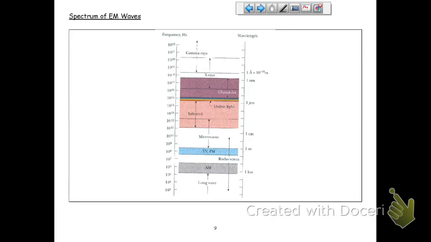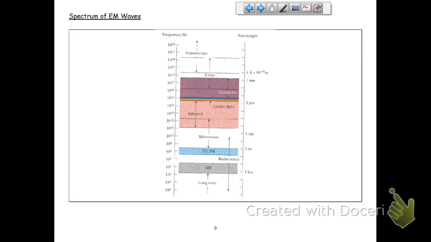So we see this little bit here. If we go from a temperature point of view, if we go hotter, we go towards X-rays and gamma rays. If we go colder, we go towards radio waves. Not all of these different colours make it through the atmosphere.